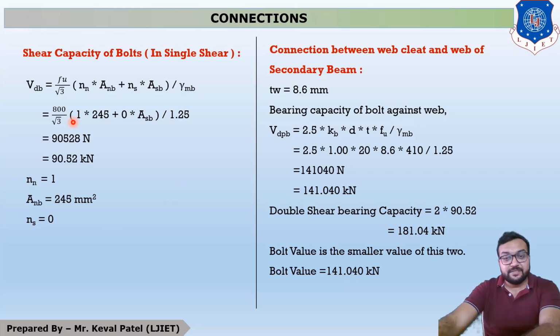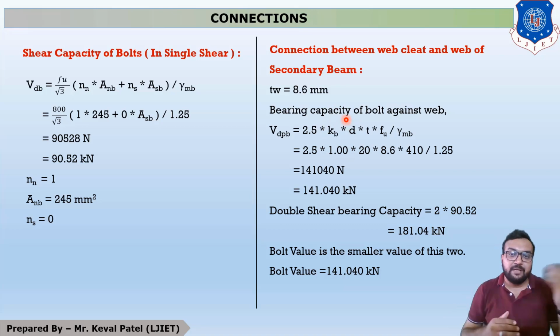Now second is bearing capacity of bolt. So all the students, move to page number 75 on the right hand side. The equation of the bearing capacity of bolt is given like this: 2.5 kb d t fu by gamma m0. Now 2.5 is constant, but the change is in the value of kb.